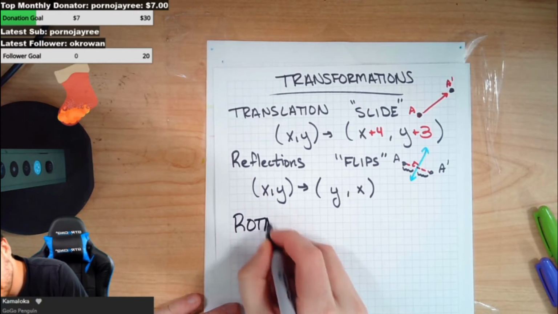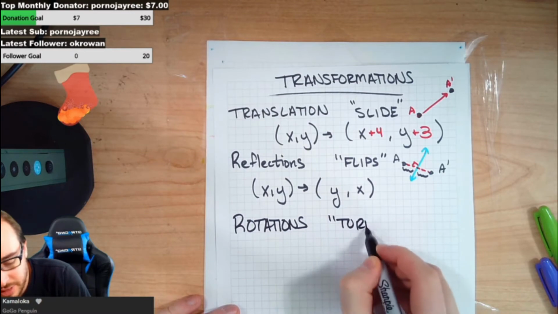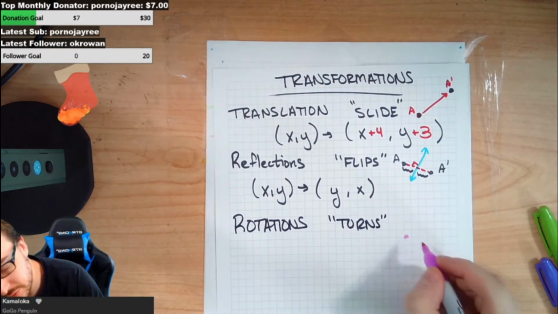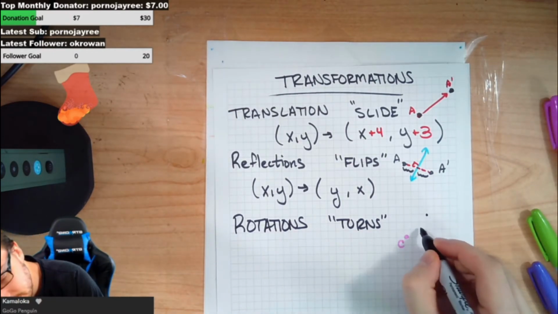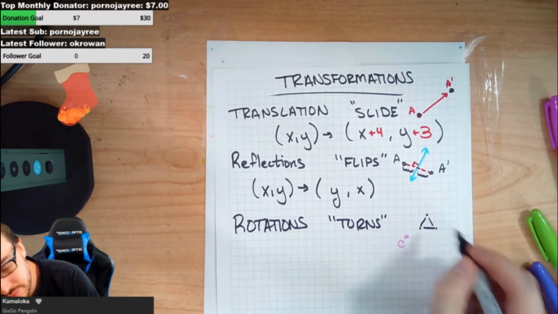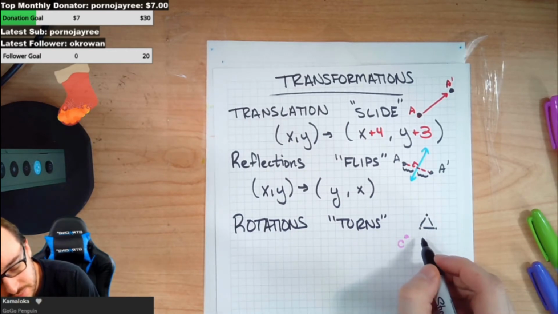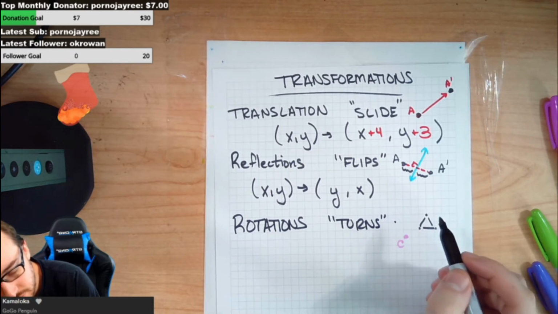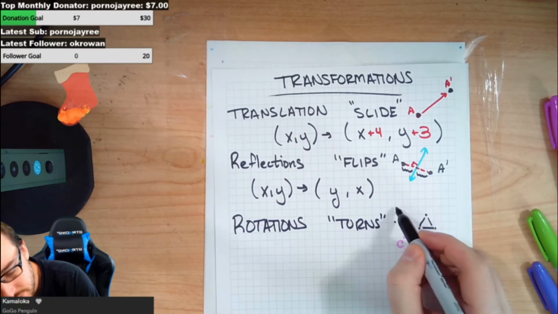Rotations we talked about. And rotations are also known as turns. And what happens here is that we have a point that's used as a center for turning around. And then we have some object that we are going to turn around this. So you can imagine if I were to do a 90-degree clockwise or counterclockwise rotation, I might end up here. Let's do this and this.